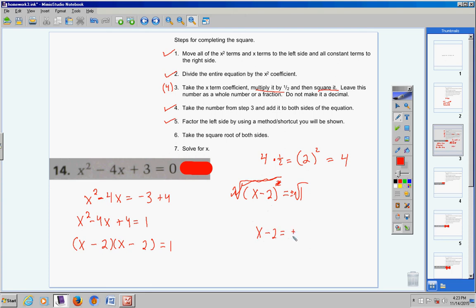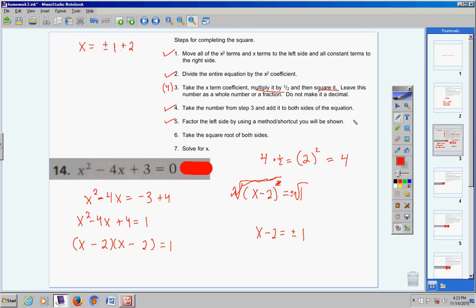equals positive, negative. The square root of 1 is 1. Now bring the negative 2 over and make it positive. On a test or a quiz, I would take points off if you left your answer like this.